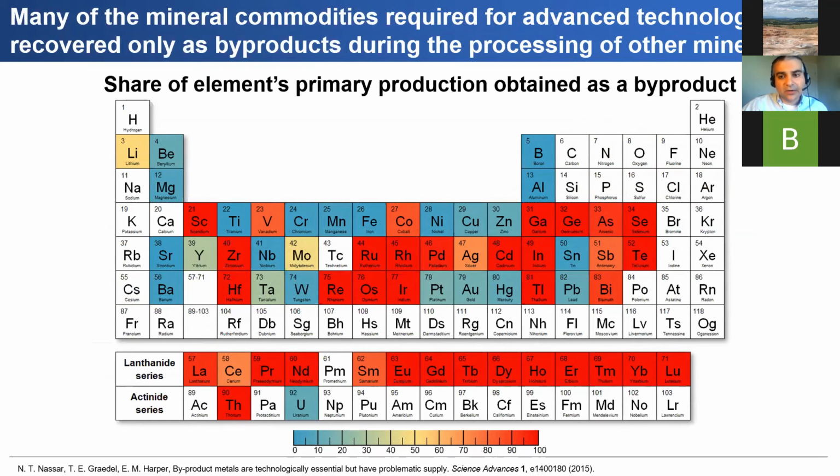So you get the metalloids, whether it's tellurium, selenium, germanium, gallium, indium, some of the minor platinum group metals, the rare earths, zirconium, hafnium, vanadium, and of course cobalt, produced mainly as byproducts.